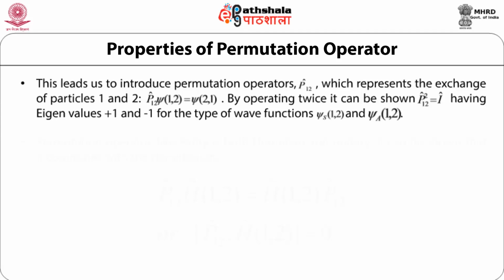That is, if the wave function is symmetric, that is psi subscript s12, then the eigenvalue is +1, and if the wave function is antisymmetric, that is psi subscript a12, then the eigenvalue is -1.